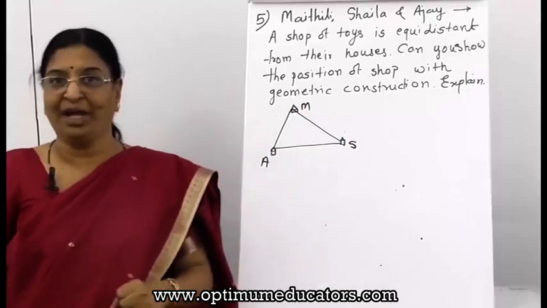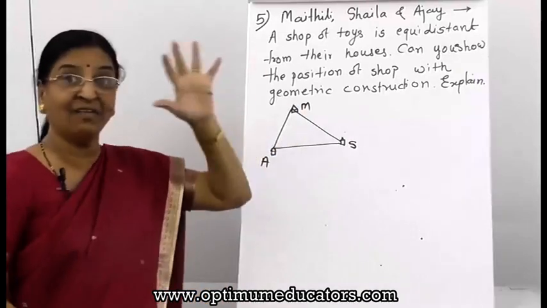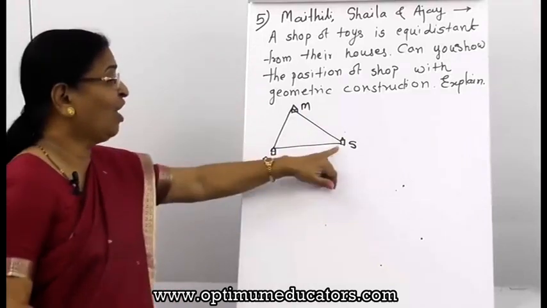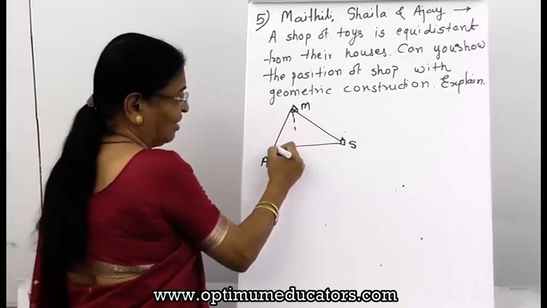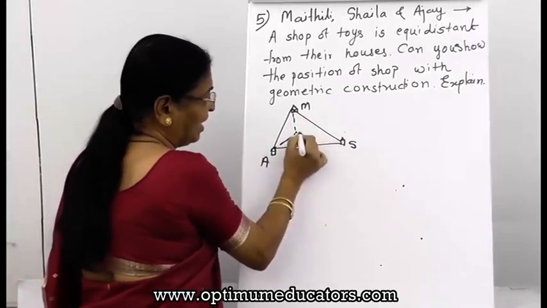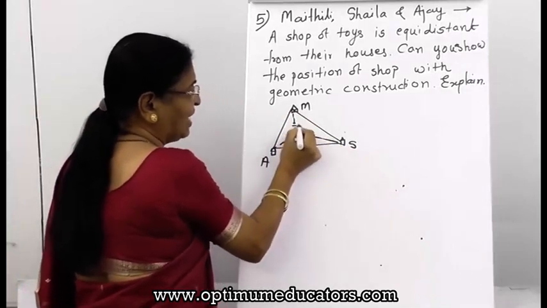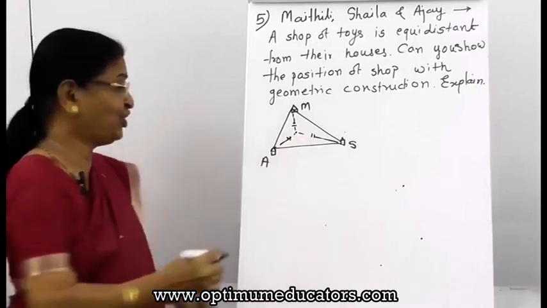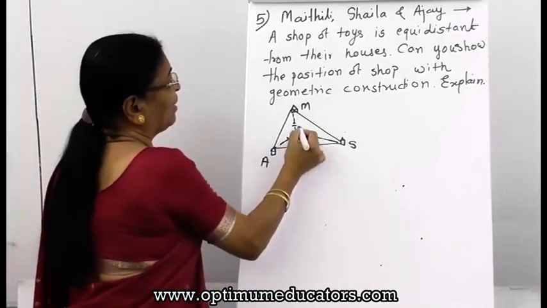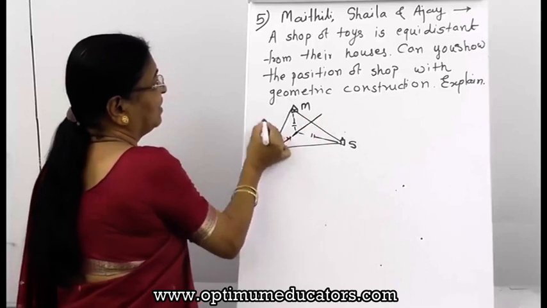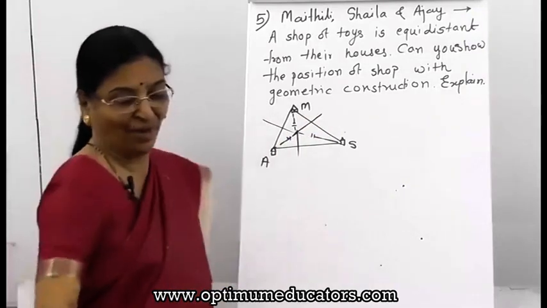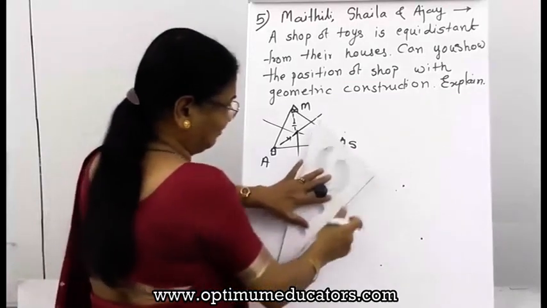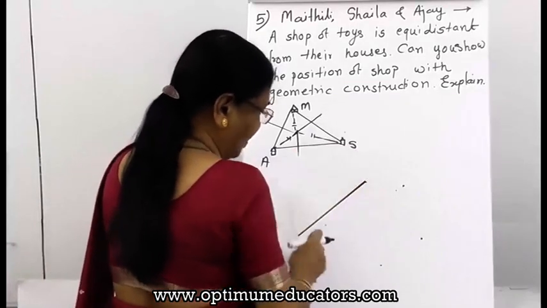Where will be the toy store? The toy store is equidistant from all these houses. So, where should it be? See here, equidistant means it should be on the perpendicular bisectors of this. Okay? So, draw any triangle.